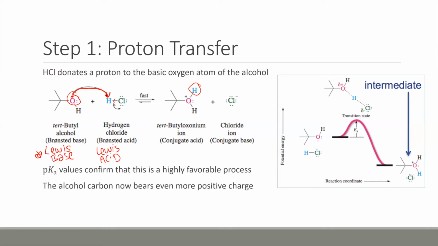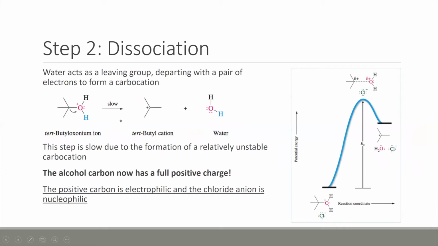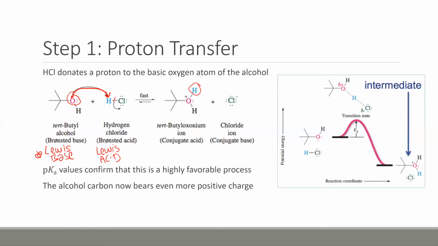See, the electrons are moving away from the bond and to the chlorine. So again, we picked up the hydrogen, movement of electrons to form a bond here, movement of electrons to break a bond here. So we have a chlorine ion now, and we have this ion as well. This is an ion of the alcohol where the oxygen has a positive charge on it.